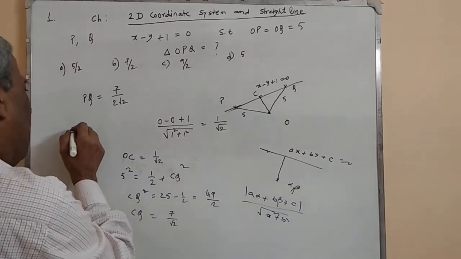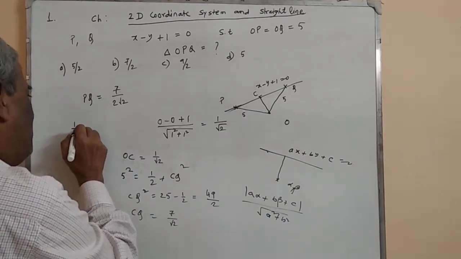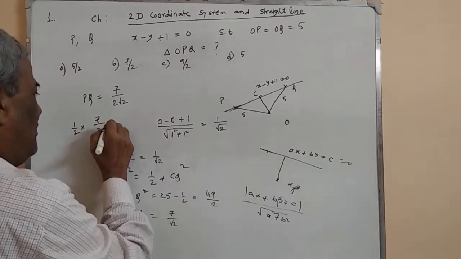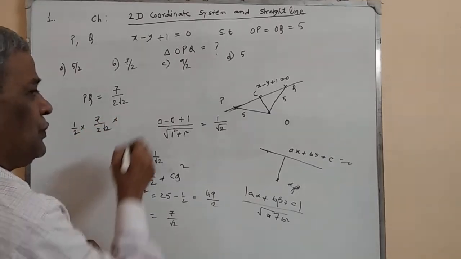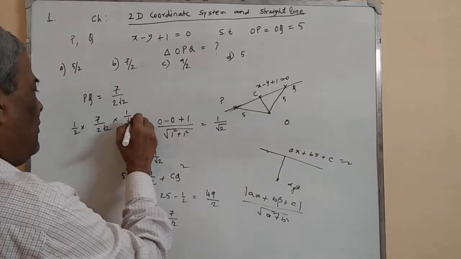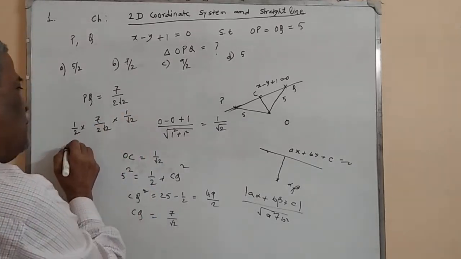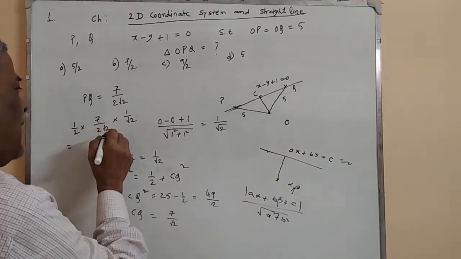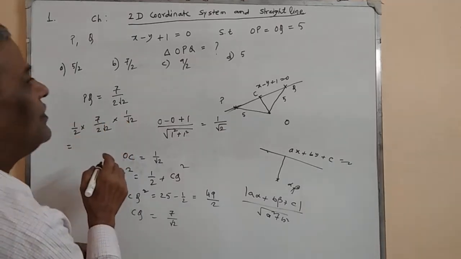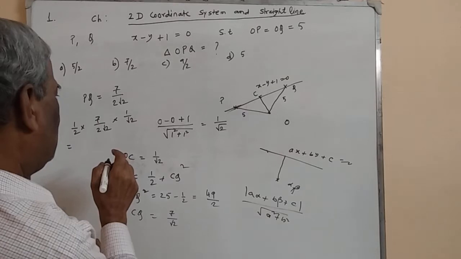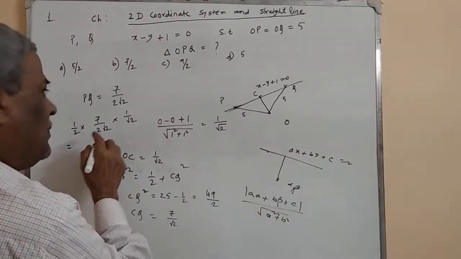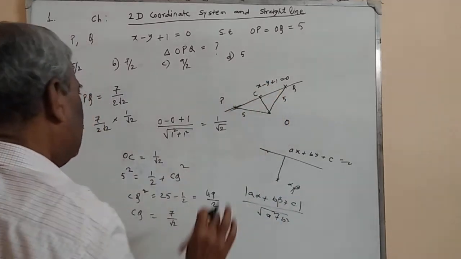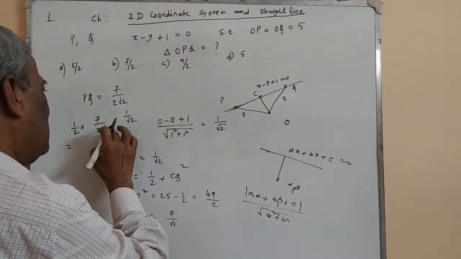So the area of the triangle is half base into altitude. It is equal to half into this into that.